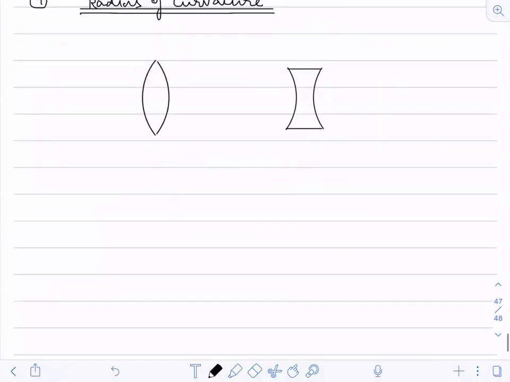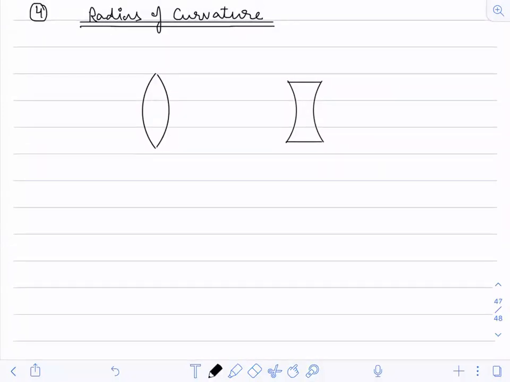Just as I defined center of curvature, I will define radius of curvature also. I am writing radius of curvature as ROC.